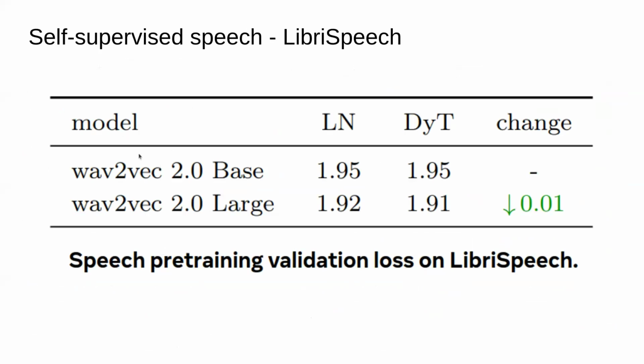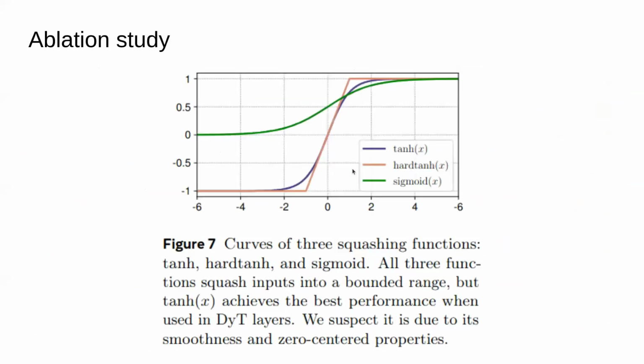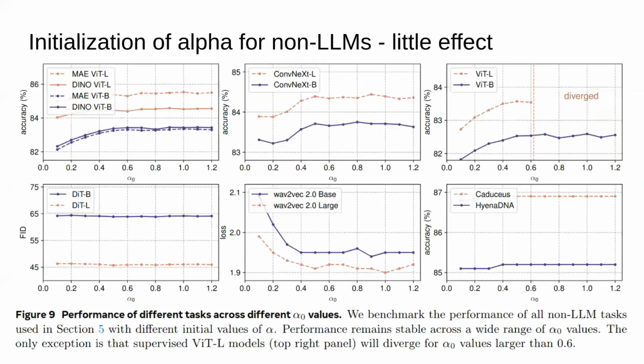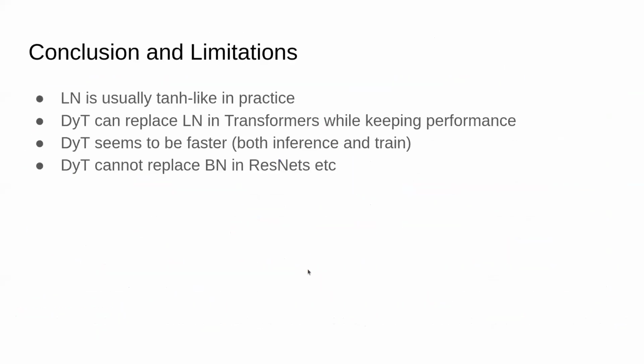This is for wav2vec, I think, and maybe it was alpha values, something like this. It was a graph. Yeah, this one. Oh, so it's just alpha values. Okay.